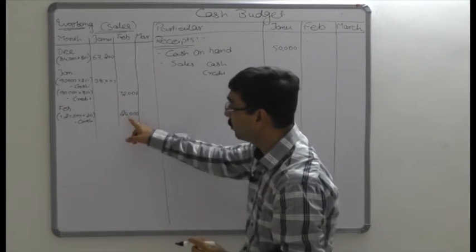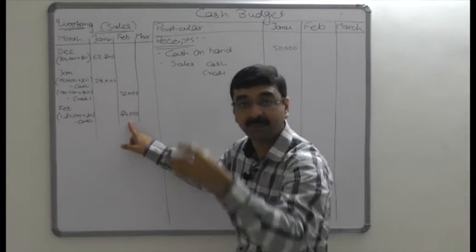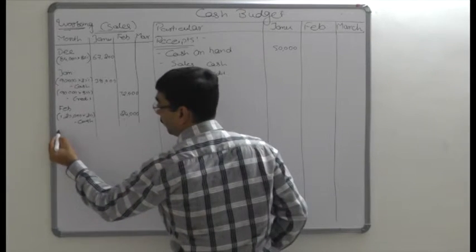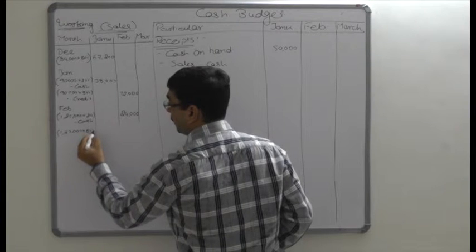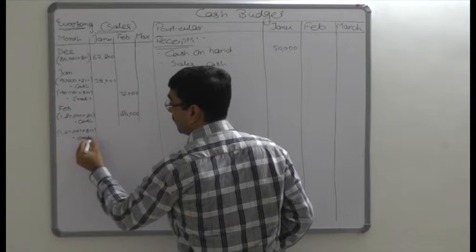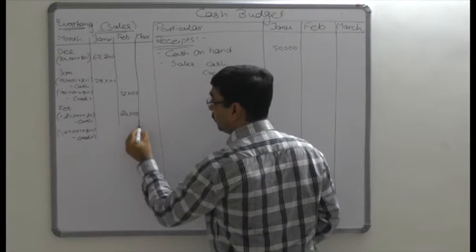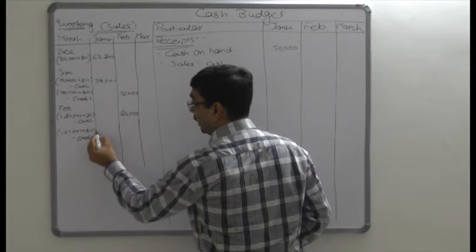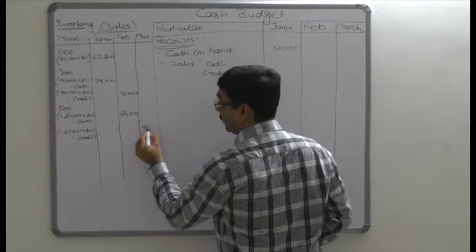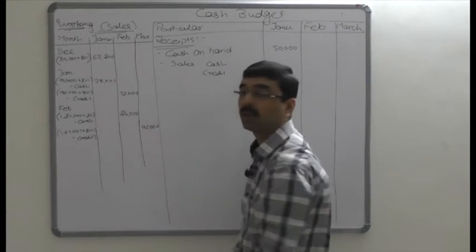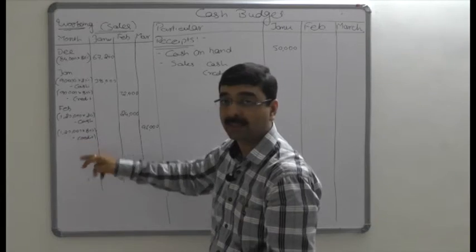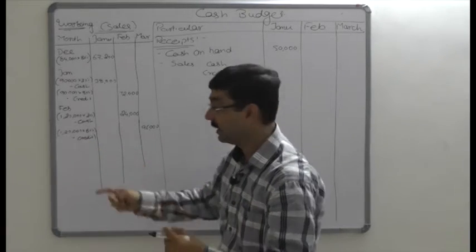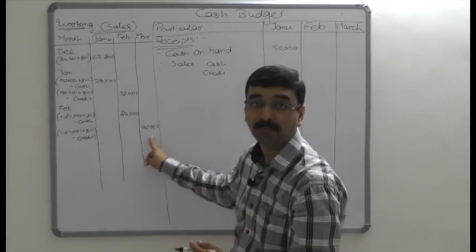So 24,000 rupees of the February sales is received in the same month, but we have credit sales of 1,20,000 into 80%, that is 96,000 rupees, received in the next month. So that is received in the month of March. So of February sales, 80% is credit, which is received in the month of March.